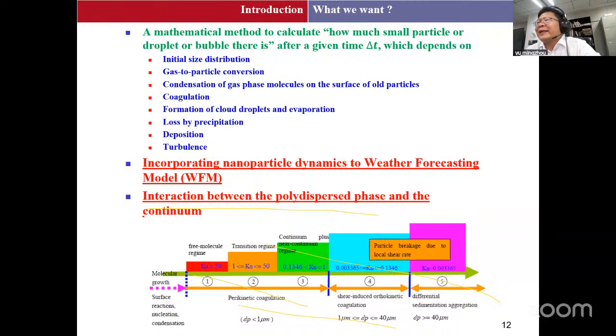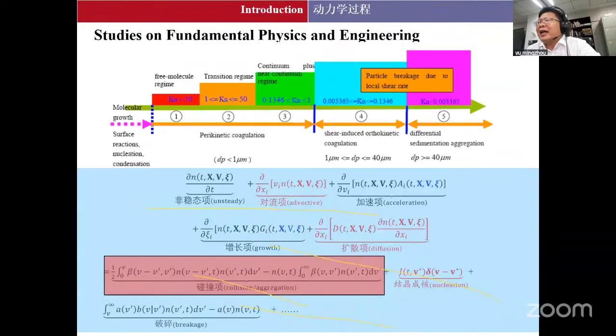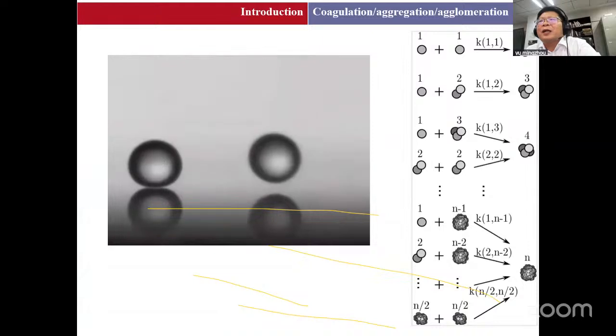For simplification, scientists often treat beta as a constant, in which case the equation can be solved analytically. Unfortunately, when beta is the true physical kernel derived from diffusion theory or gas kinetic theory, the Brownian coagulation equation cannot be solved analytically, like this form and this form. Addressing this challenge is the focus of our work.